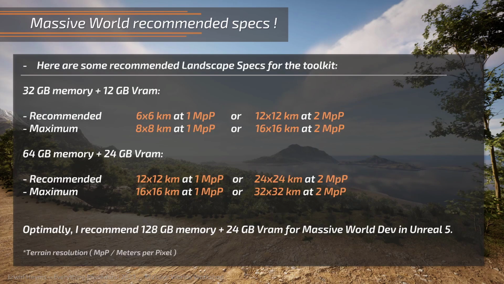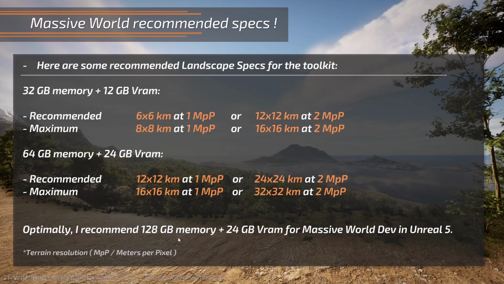Now, in order to run the toolkit, I have a couple of recommended settings. If you're going to use the toolkit with a low-end system, like 32 gigabytes of memory and 12 gigabytes of VRAM, I recommend these particular landscape sizes. If you have more memory available, you can load a larger portion of the map.